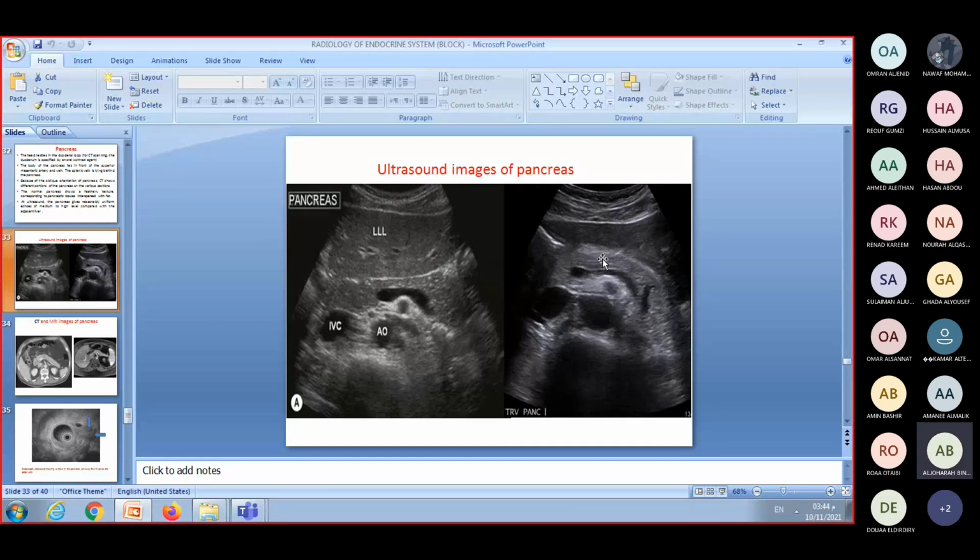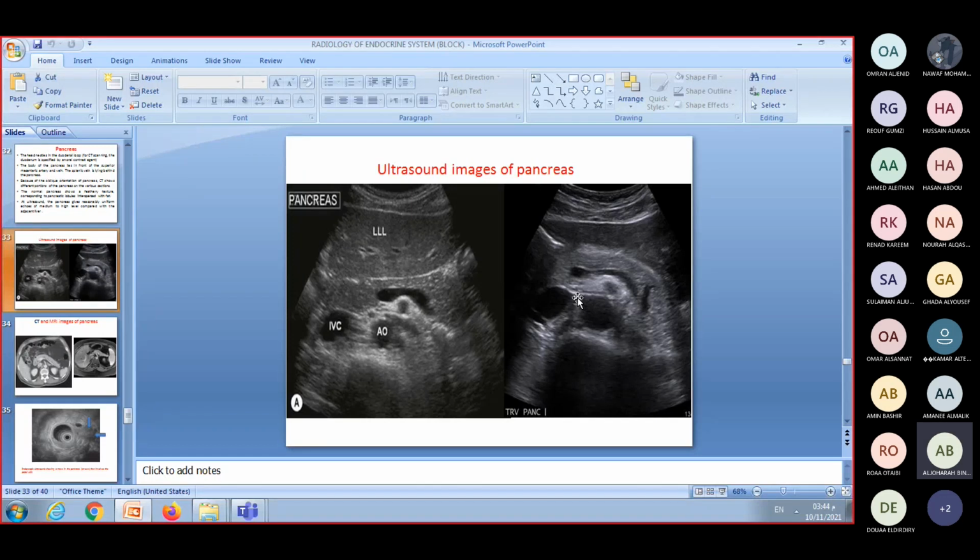According to the age of the patient, in adults the echogenicity of the pancreas is either similar to the liver or slightly hyperechoic compared to the liver.